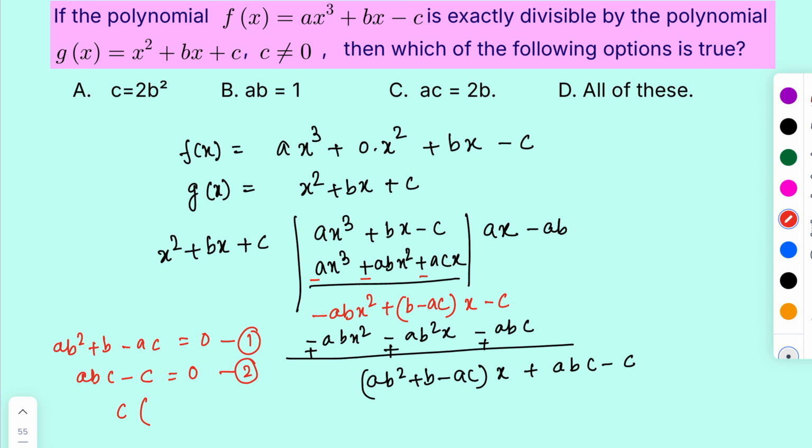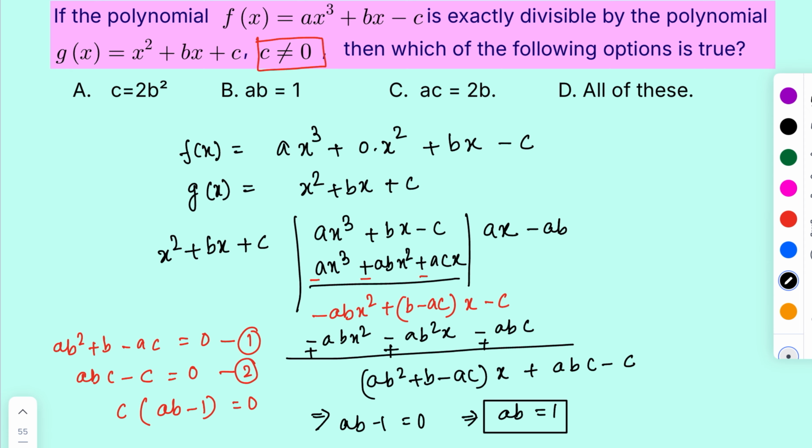From the second equation we will take c as common, so this will be c into (ab minus 1) equal to 0. Or c is equal to 0, but here it is also given that c cannot be equal to 0. So c cannot be equal to 0 implies that ab minus 1 equal to 0, or ab is equal to 1. This is the first condition we got.